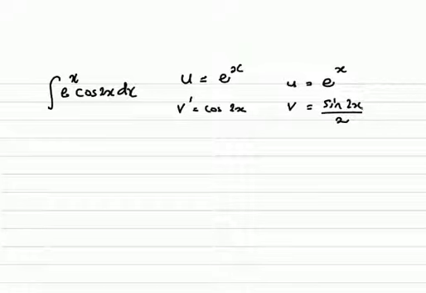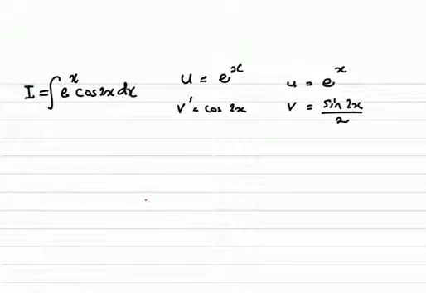If I'm going to repeat this integration by parts, which I'm going to do, I still have to take my u to be the exponential function and my v prime to be the trigonometric function. Then that way I'll be able to conclude the integration easily. So in this kind of integration, let's call this integral I.